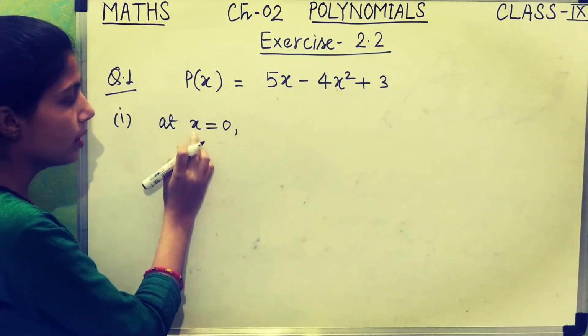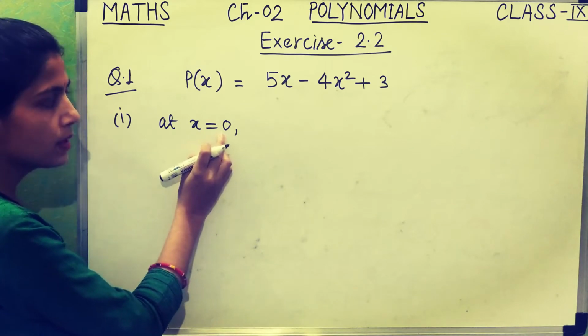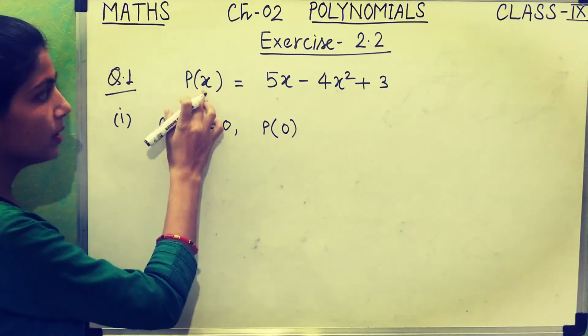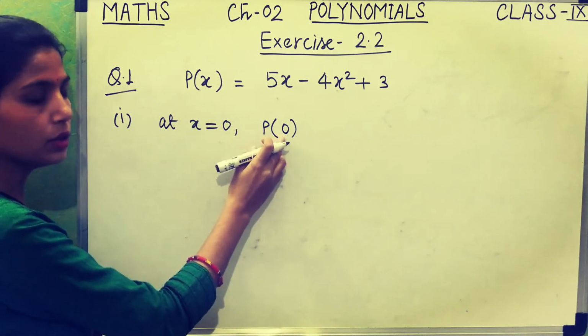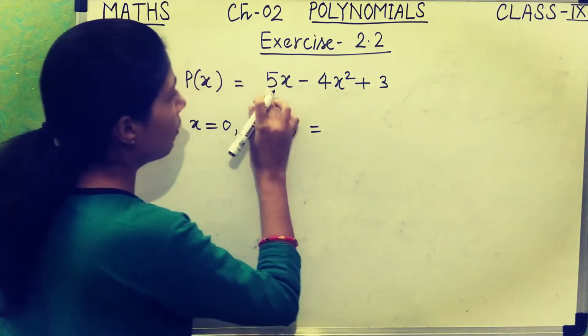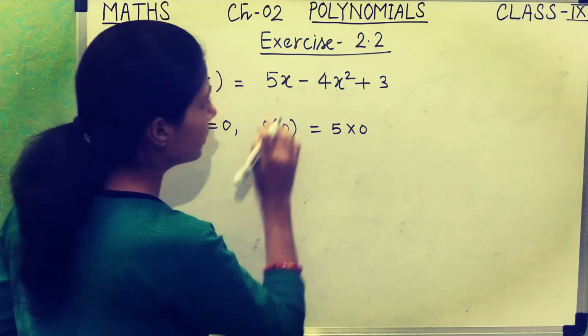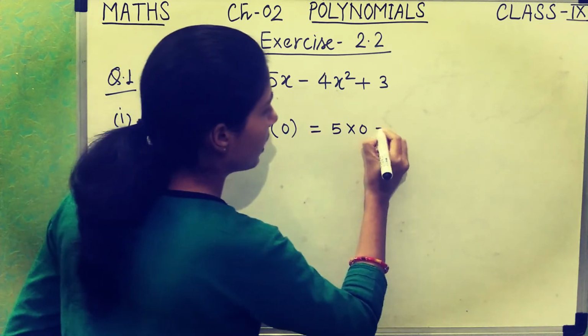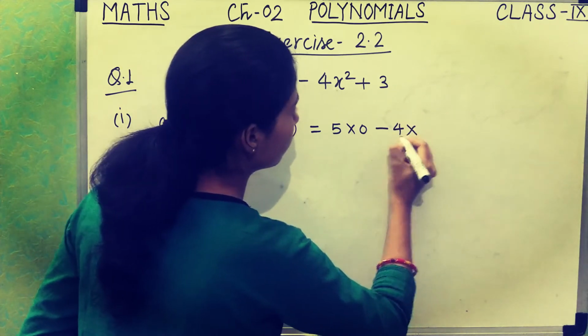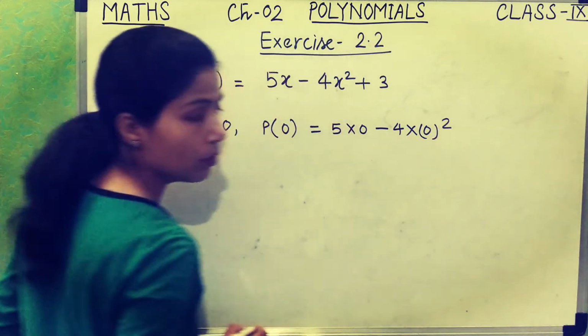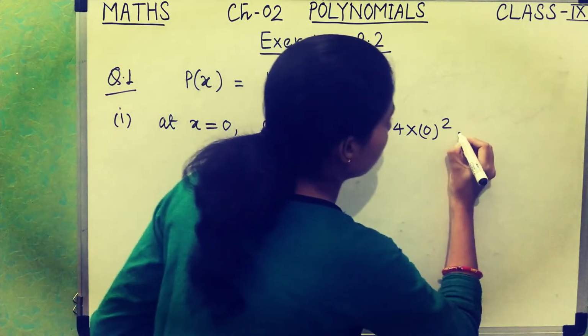Here we are taking x equals 0, so this value you put in the given polynomial. In place of x we put 0. 5x means 5 into 0, minus 4 into x square, which means 0 whole square, then plus 3.